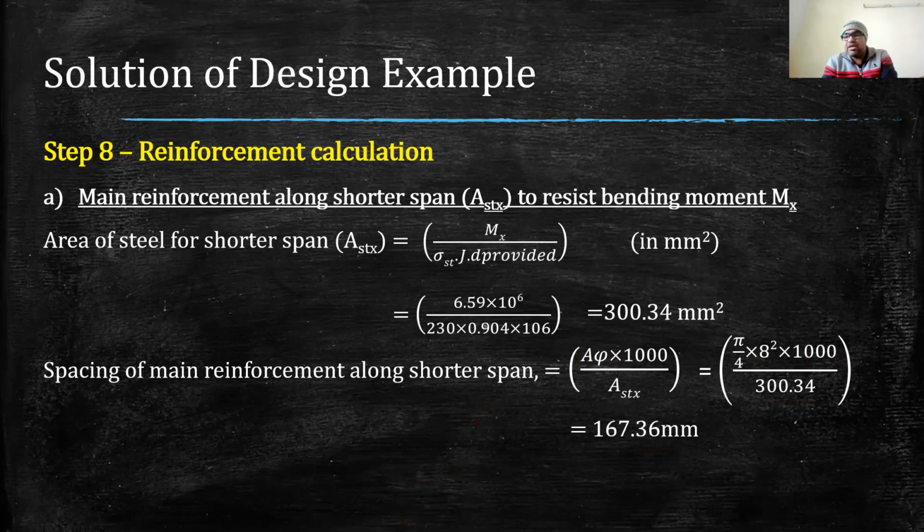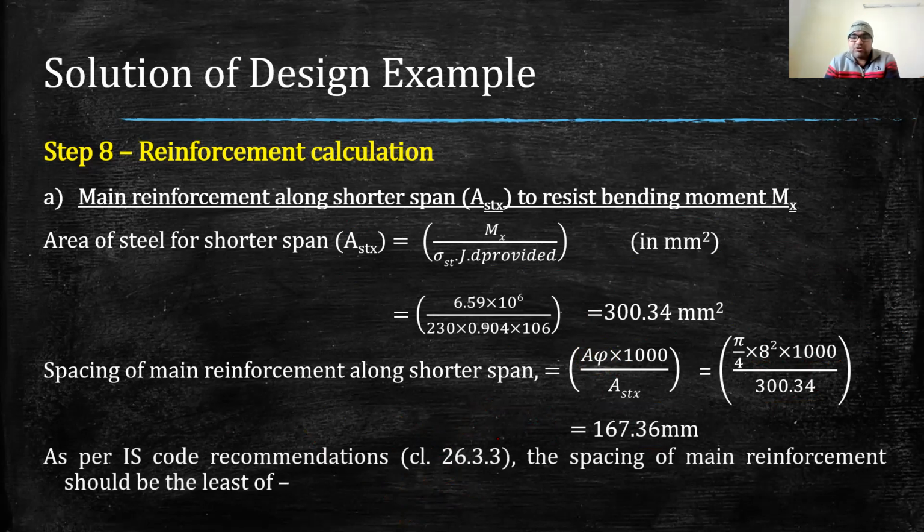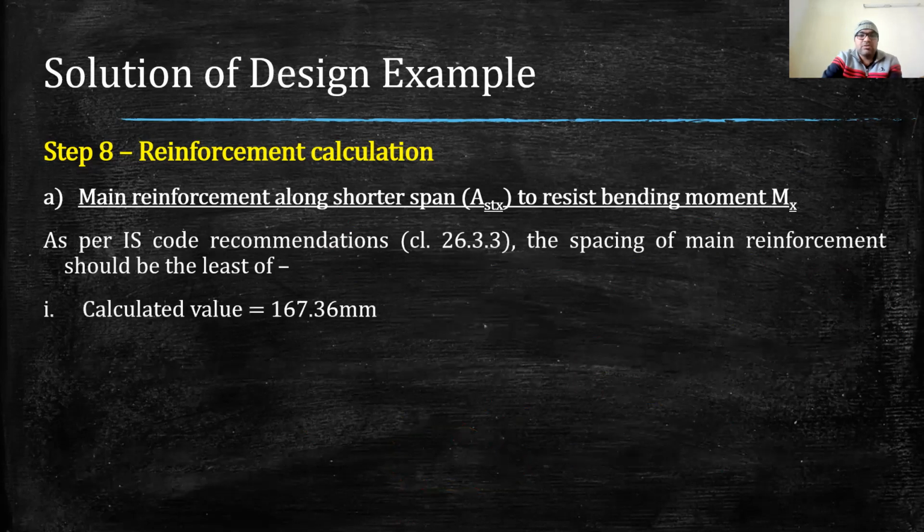IS code also has recommended the minimum spacing for the main reinforcement, and it is recommended in this clause. So you can go to the clause and refer to it. You can check the recommended value of the spacing. As per this clause, the spacing of the main reinforcement should be the least of: first, the calculated value that we have just calculated, which is 167.34 mm.